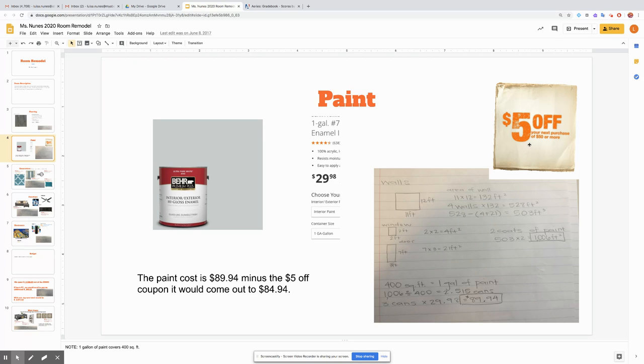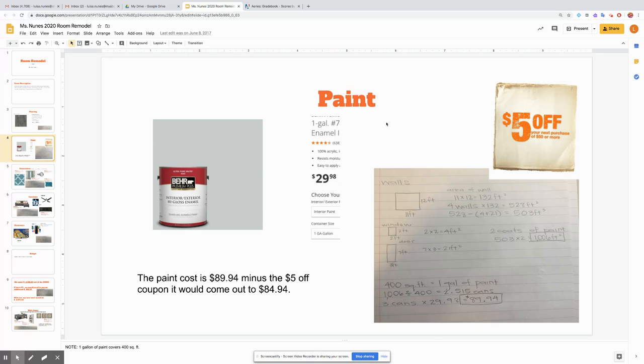This here was a coupon that I found for $5 off of 50. A coupon is something that I would have to bring in to discount my cost. So with my coupon, if my cost was $89.94, I would subtract $5 to get what my cost is. This is using a coupon.